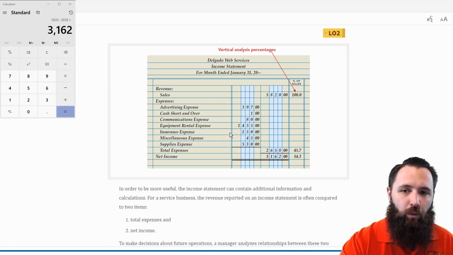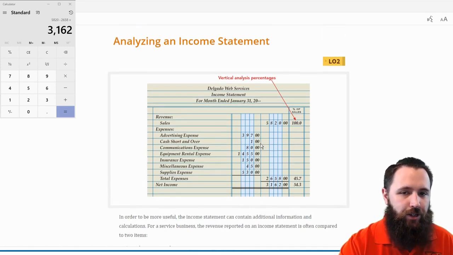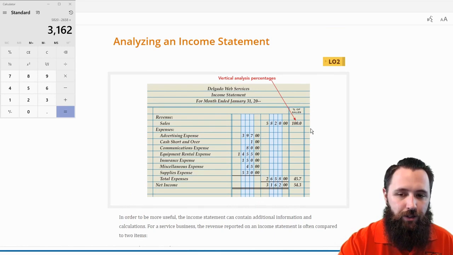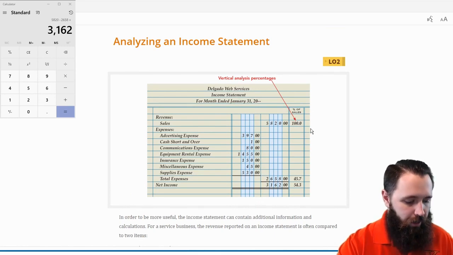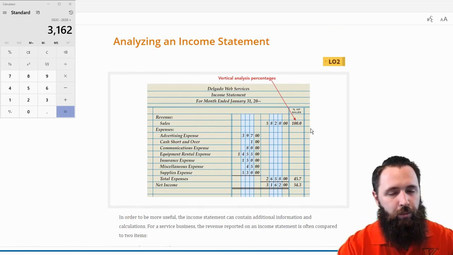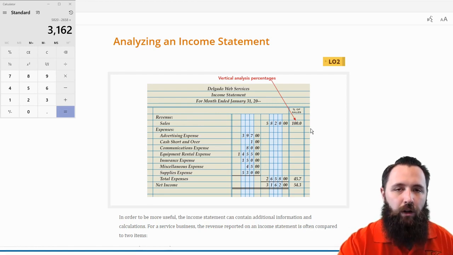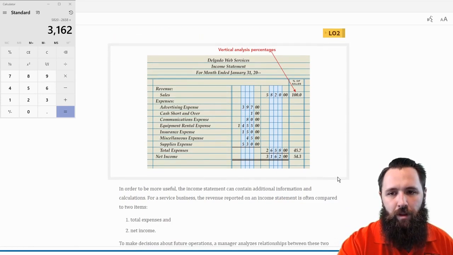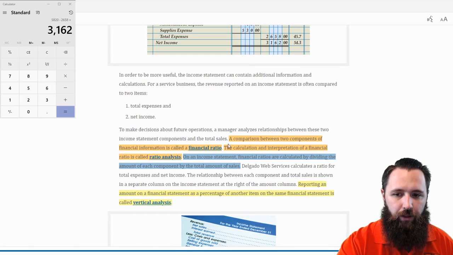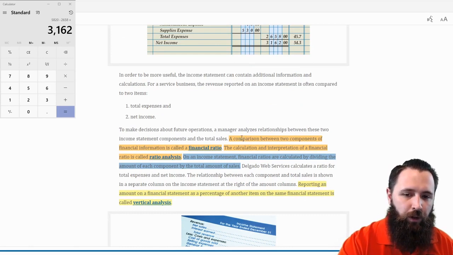And what we're doing here is we're making it even easier for people to understand what these numbers actually represent and how we are doing when it comes to our net income compared to other businesses. So what we're going to do is create some financial ratios.